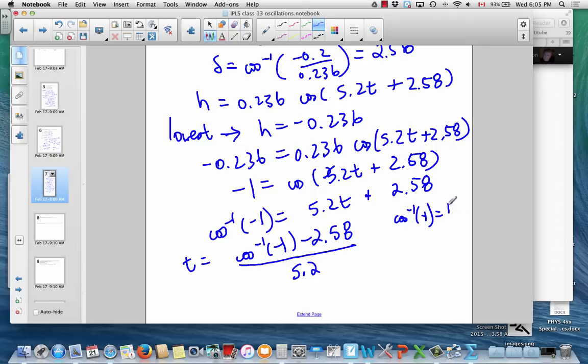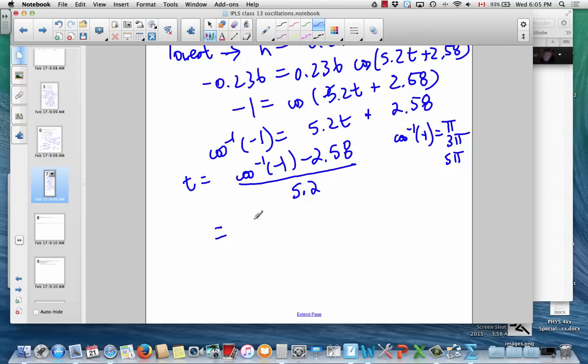Well, this is pi. Pi has a cosine of negative 1, but so does 3 pi, so does 5 pi. This is odd pi's. Now in math, the formula for an odd number is 2n plus 1 pi's minus 2.58 over 5.2. That's a formula for all the times, putting in n equals 0, 1, 2, 3, 4, 5, all the times at which the mass reaches the bottom.